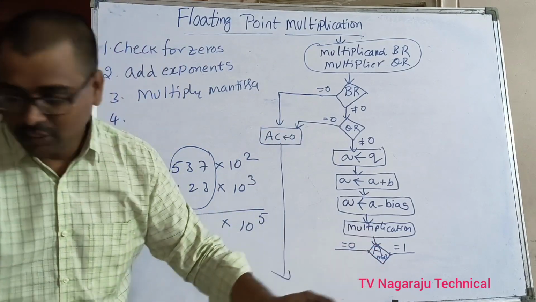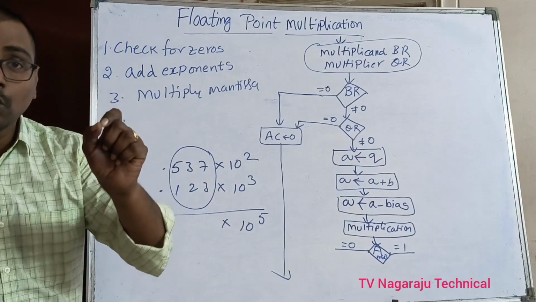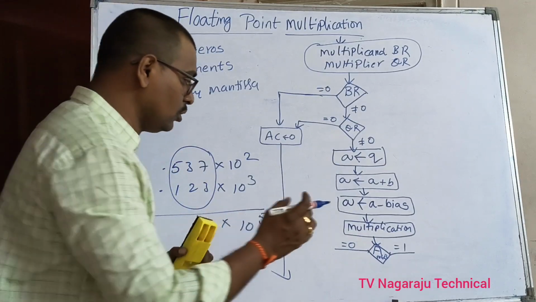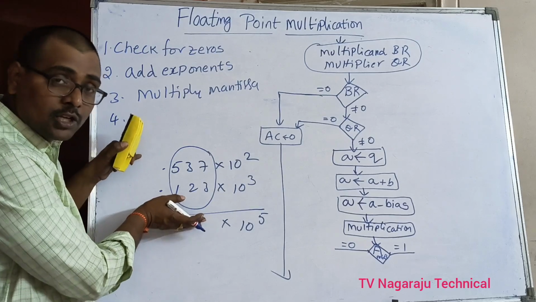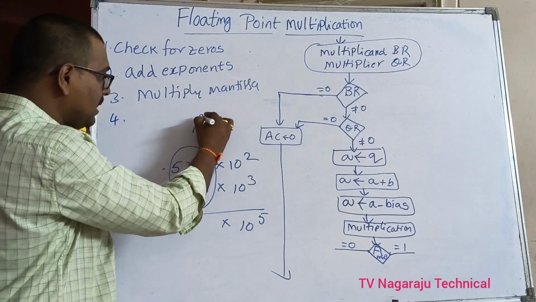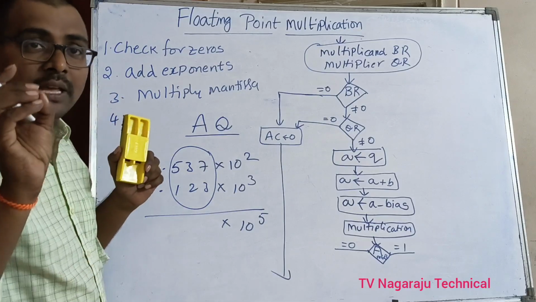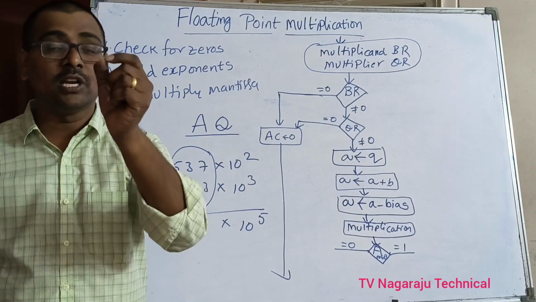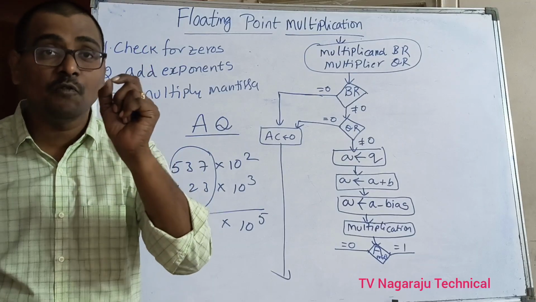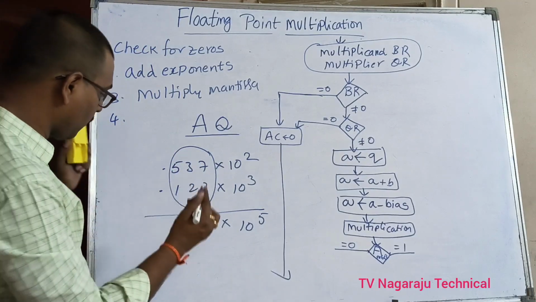After performing multiplication, the result is generally stored in A cube. So there is no chance of overflow. In multiplication, generally there is no chance of overflow, but there is a chance of underflow.